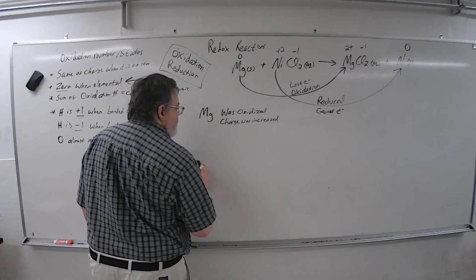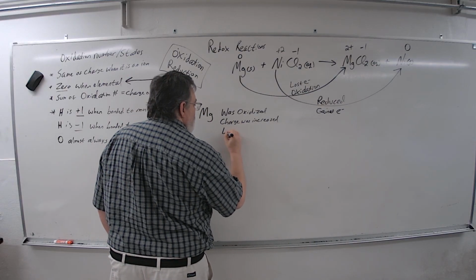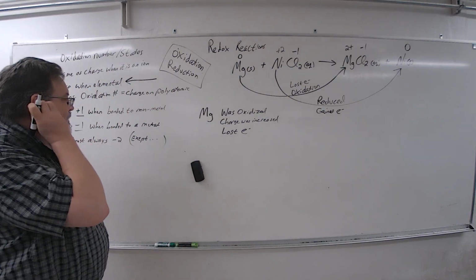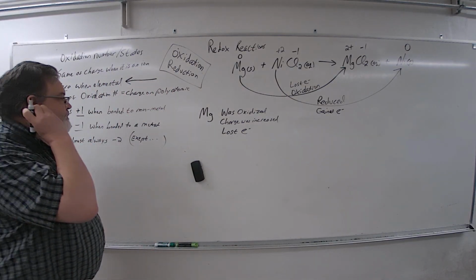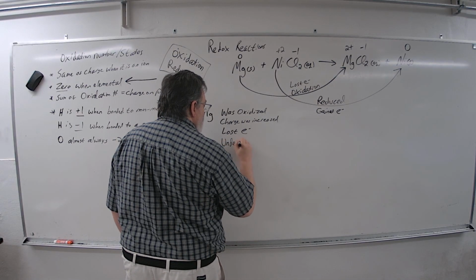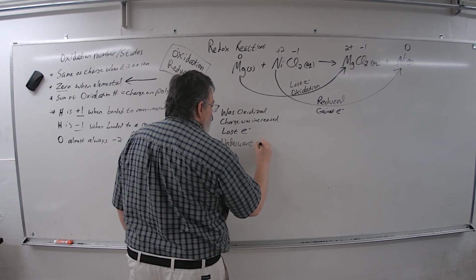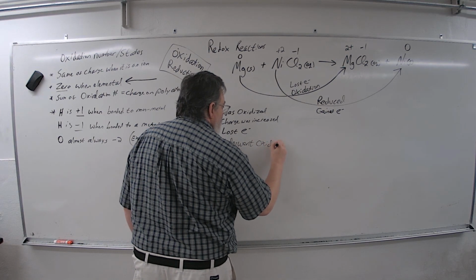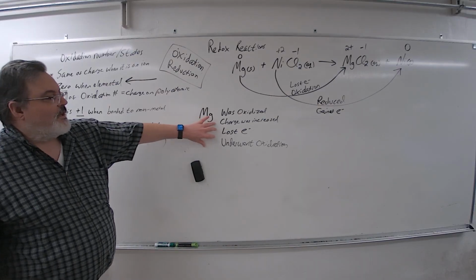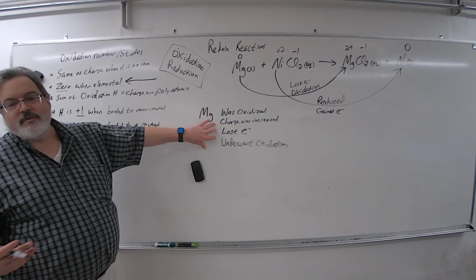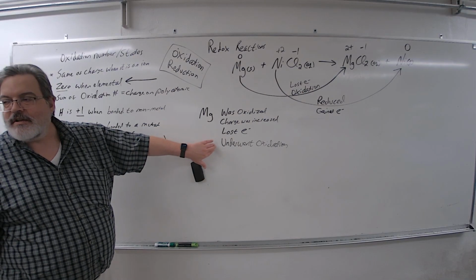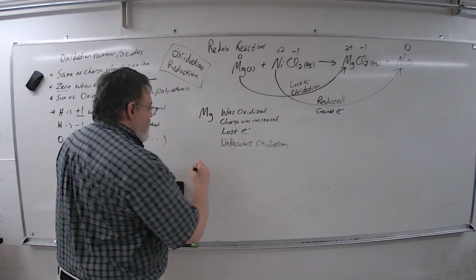Its charge was increased. It lost electrons. It lost its negative charge. I'll also say, so 4 ways to say the exact same thing. It was oxidized, its charge was increased, it lost electrons, it underwent oxidation. Okay.